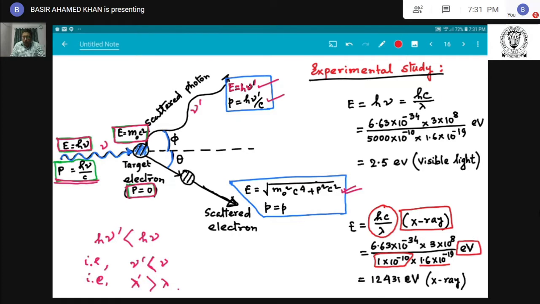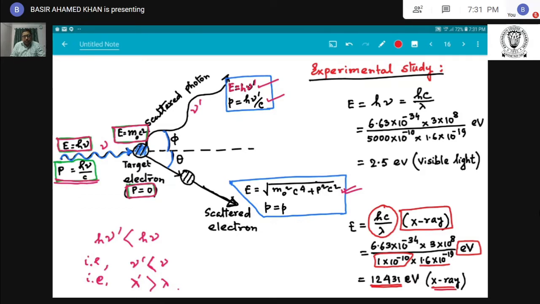By calculating we get the energy in electron volt, 12431, that means about 1.2 into 10 to the power 5 electron volt, the energy of the X-ray photon.